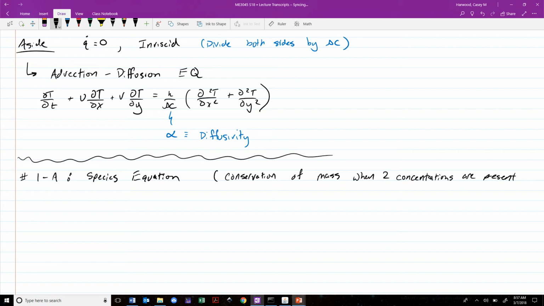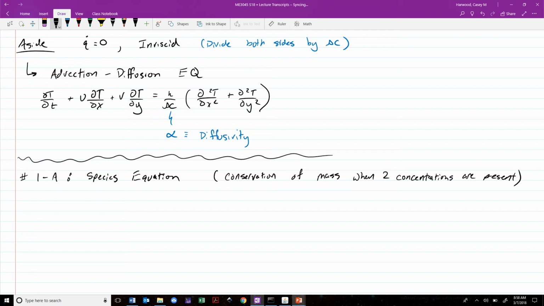For example, if you were to dump a bunch of salt into water, you're going to end up with some concentration of that salt. You would call that salt a species, which is being dissolved into another species, the H2O molecules. If you were to apply conservation of mass there, clearly you have to account for the fact that there's only so much salt and only so much water, so you have to do the bookkeeping for those separately.